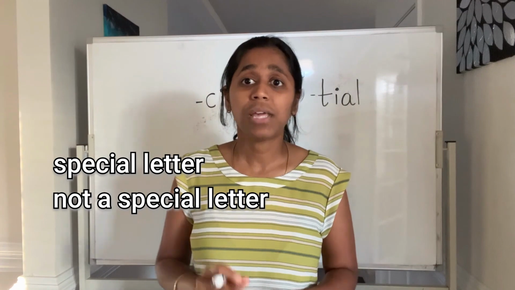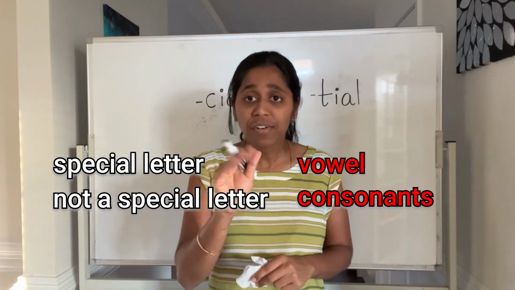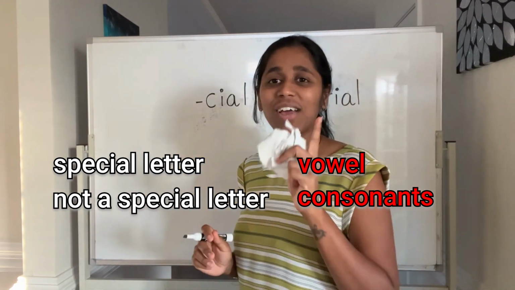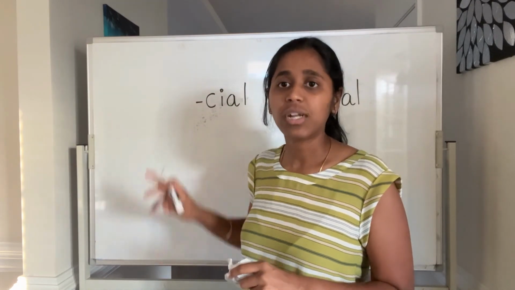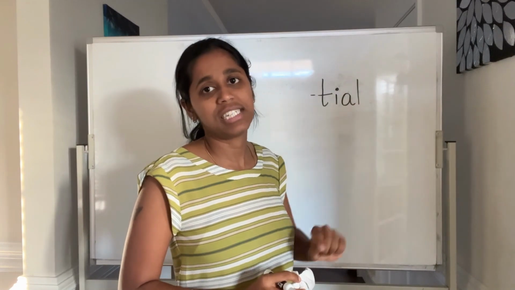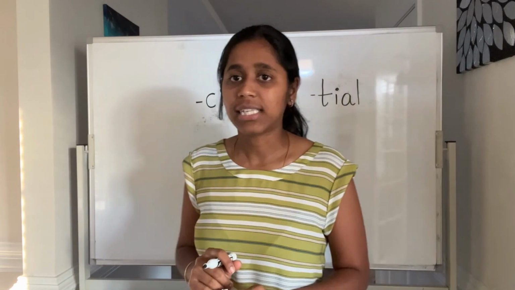So special letter means vowels, not a special letter means consonants. So if it is a special letter followed by the cial sound, it is cial. If it is not a special letter followed by the cial sound, it is tial. Let's see some examples.